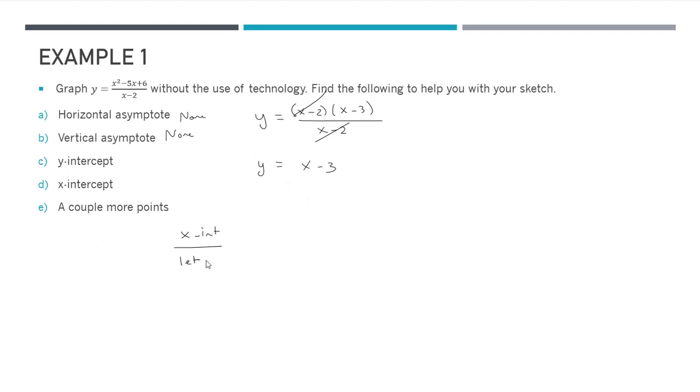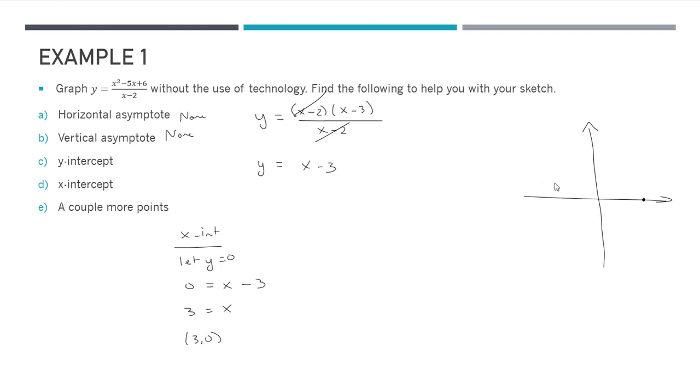So let y equal 0. So then we find out that we add 3 to both sides, and hey, our x-intercept is at 3. So that means we got 3 comma 0. So now if I'm sketching this out, so I have 3 comma 0 already.